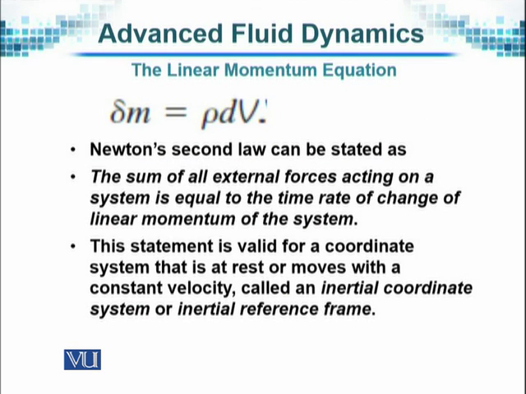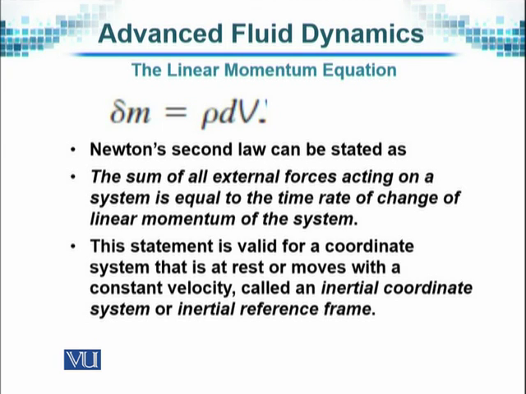A small change in mass can be written as rho into d of volume. Remember, density is defined as mass per unit volume, and from this a small change in mass is represented here.